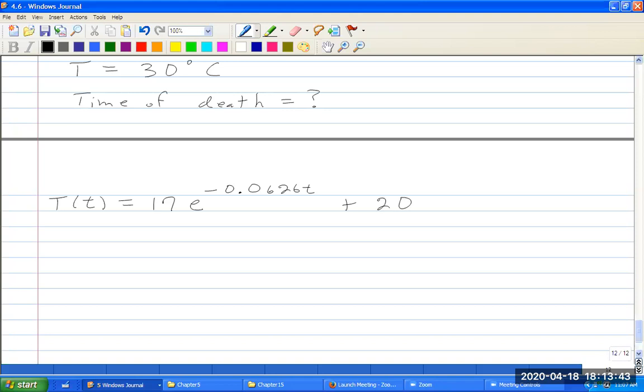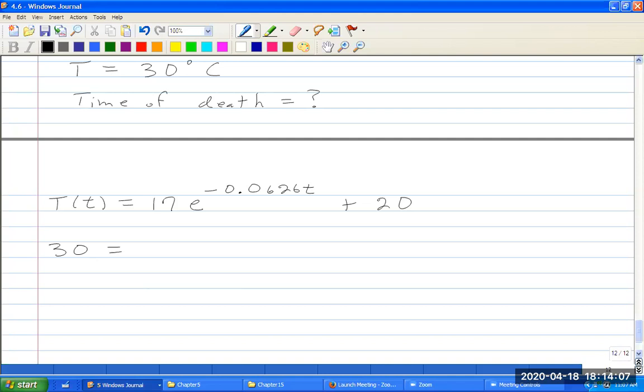Well, I want to figure out when the temperature of the body is 30. So how long will it take for the body to decrease from 37 degrees Celsius to 30 degrees Celsius?